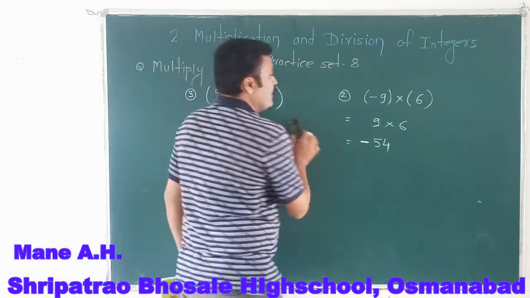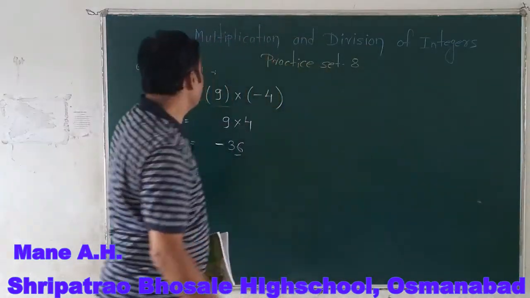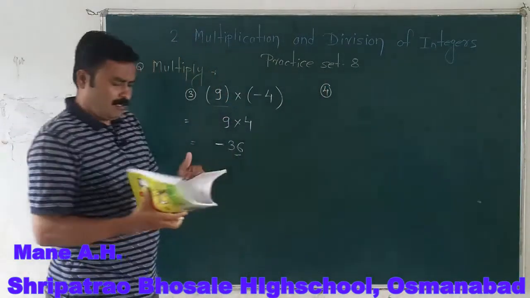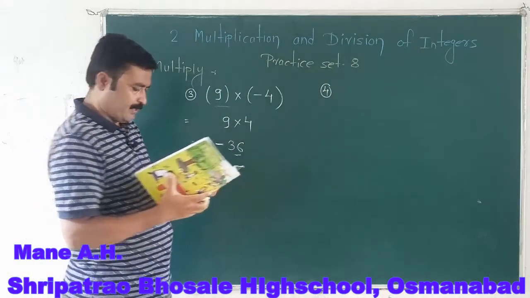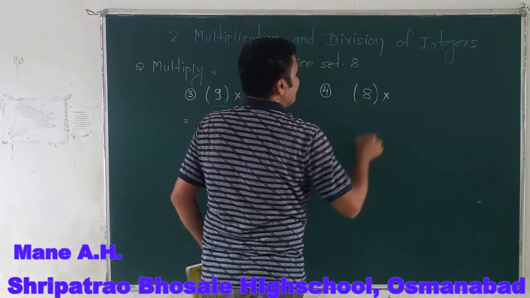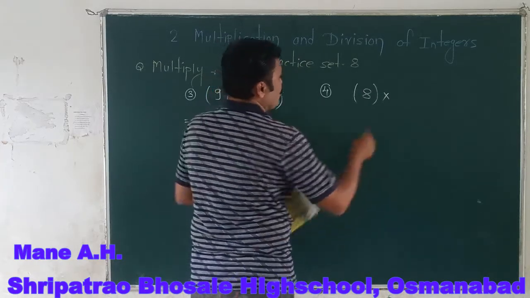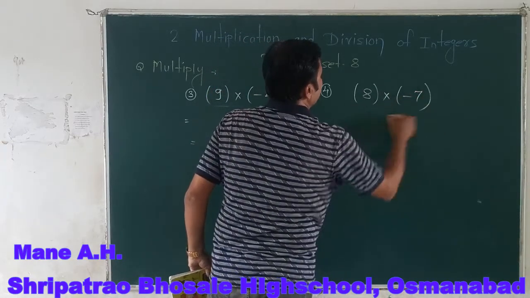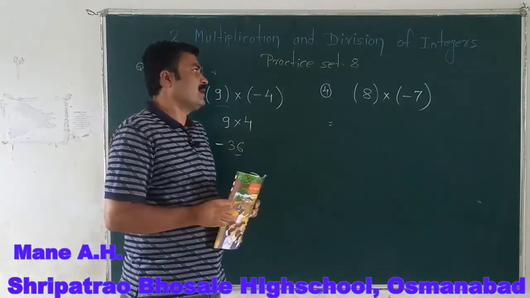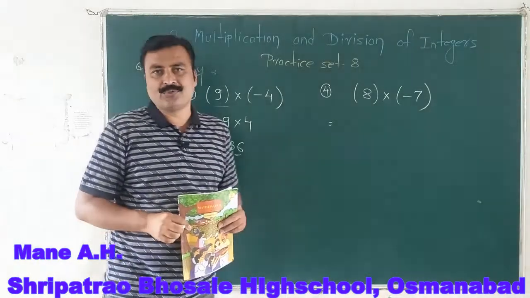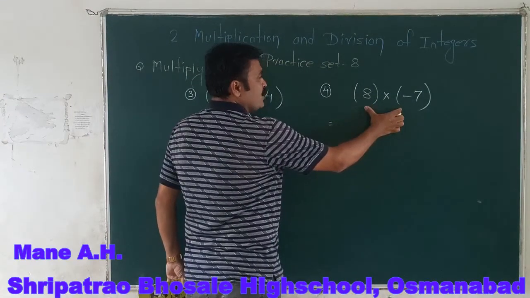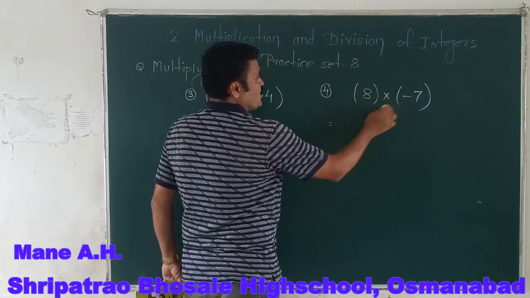Thereafter, next, example number 4. Now observe this fourth example. In this fourth example, 8 into (-7) is given. So 8 is a positive integer, and minus 7 is a negative integer here. While getting the product between these two integers, first we take their magnitudes.